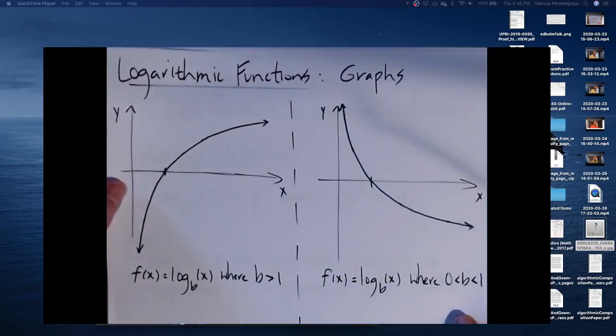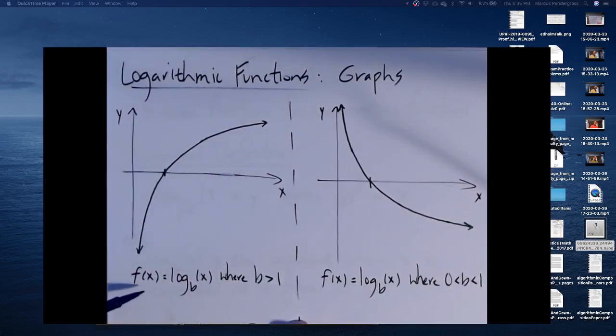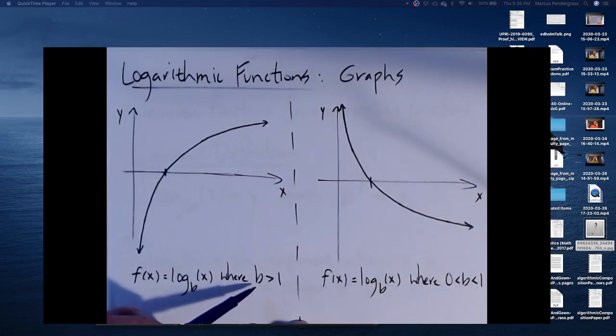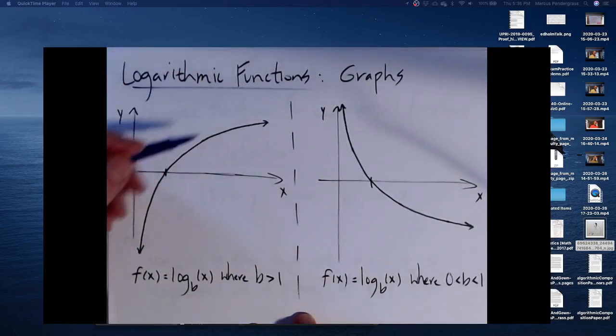So that's really just the same thing we said on the previous slide, stated in a little bit more general way. Here are the graphs of the logarithmic functions. Here again, there's a distinction between when the base is bigger than 1 versus when the base is between 0 and 1. When the base is bigger than 1, you again have this increasing function.